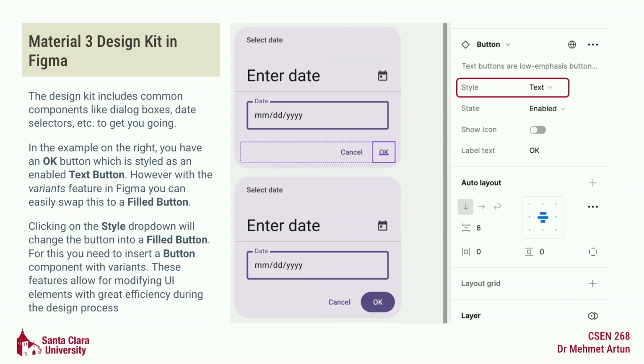So in Figma, you have this material design kit. For example, it gives you a date entry dialog, right? All designed like this. So when you are building your app and there is some place that you need to enter a date, you don't need to draw everything from scratch and put an input box and this button, that button.